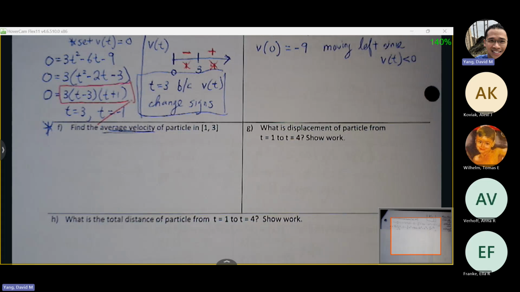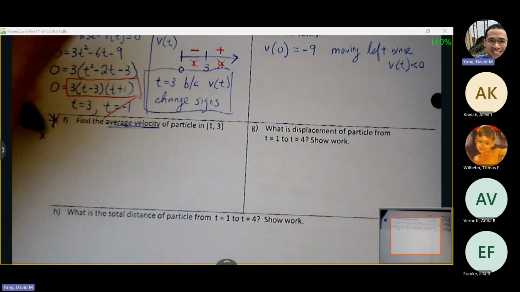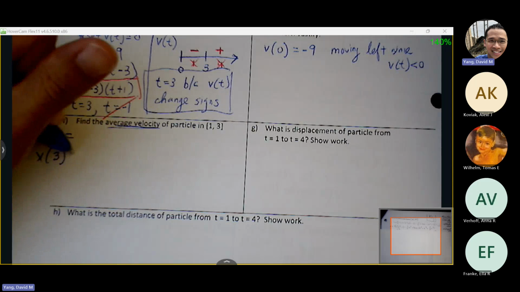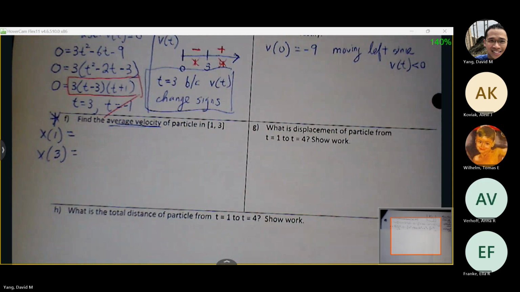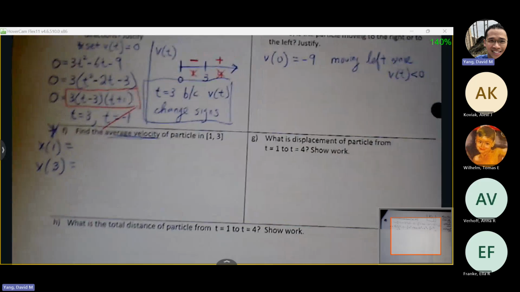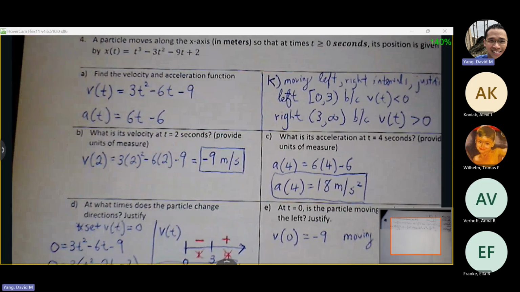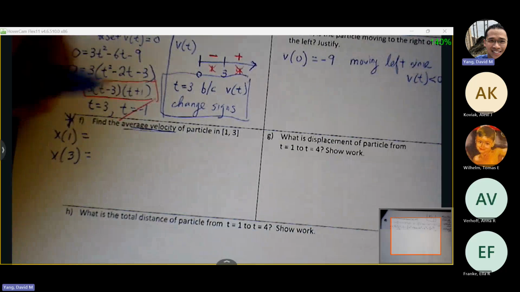Okay, so it's position. So you'll find x of 1. You'll find x of 3. So we insert 1 into our position function. Get 1 minus 3 minus 9 plus 2.